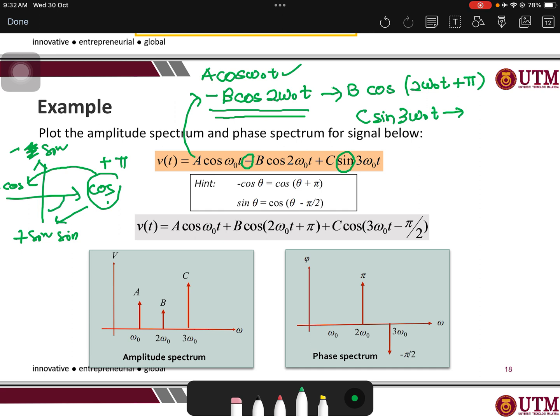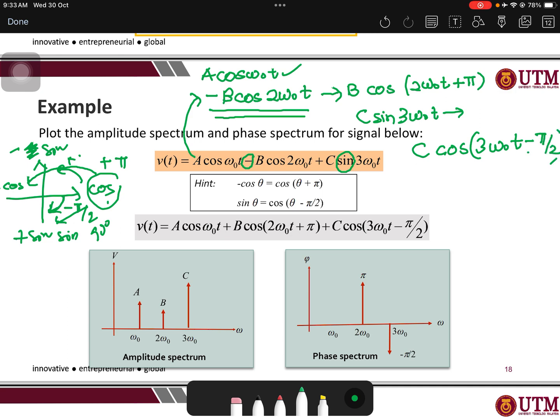This one is minus because positive is counterclockwise, but the sine is lagging the cos. So it is minus pi over 2, because it is 90 degrees. So we get C cos 3 omega naught t minus pi over 2.